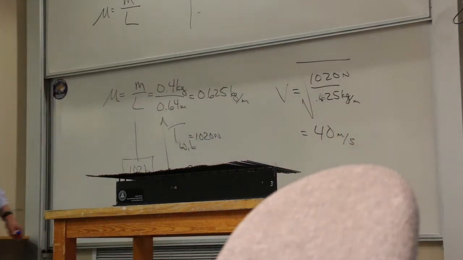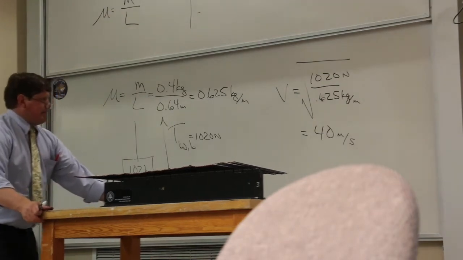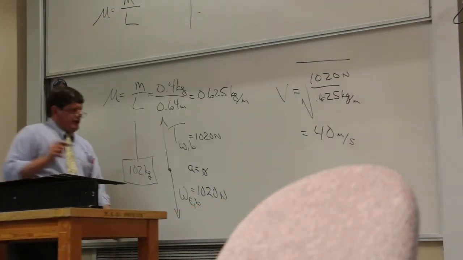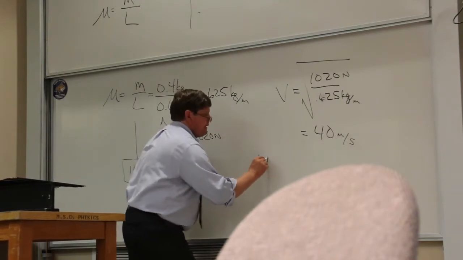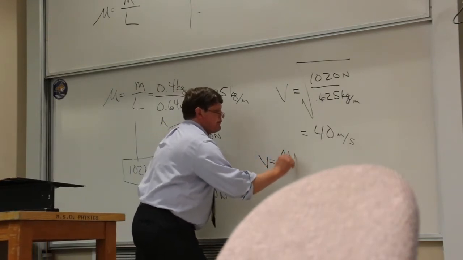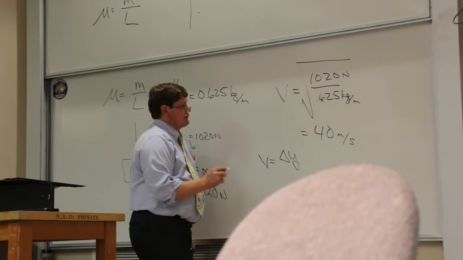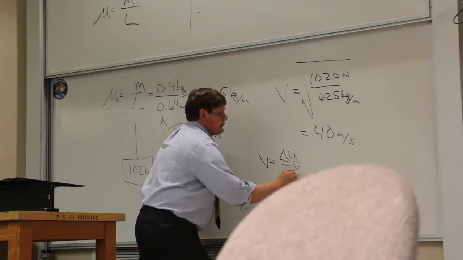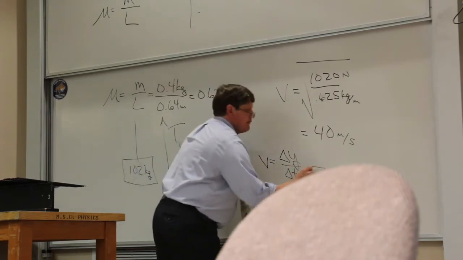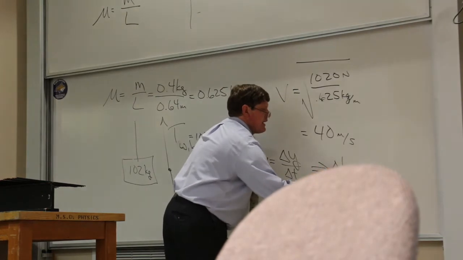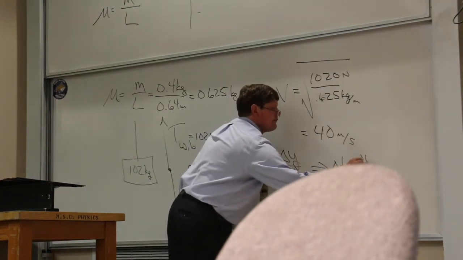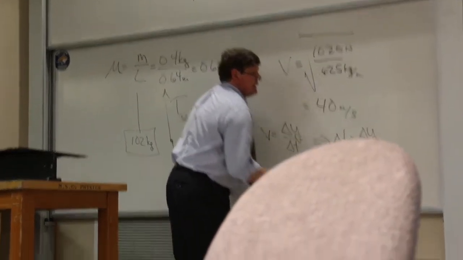Now, once I know the speed, it's very easy to find the time. If I use the definition of the speed, that's how far it travels. In this case, it's up, so I'll use delta y divided by how much time. If I rewrite that, I have the time is equal to how far it travels divided by the speed.